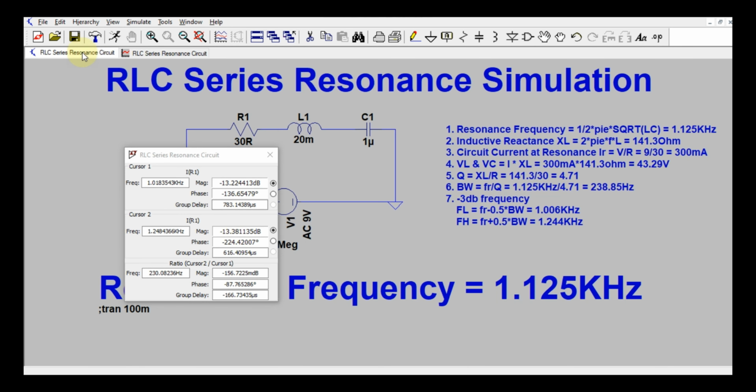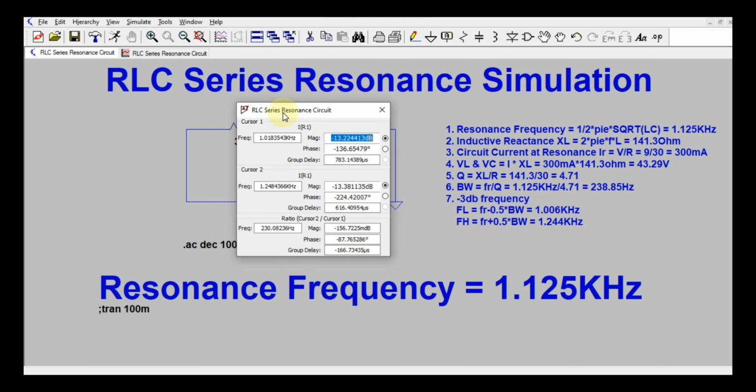Now let us match this with your theoretical value. So at the minus 3 dB point, your lower cutoff frequency theoretically was 1.006 kilohertz. So here you are getting 1.018 kilohertz, which is very close. And your higher cutoff frequency is given by FH, and it was theoretically 1.244 kilohertz.